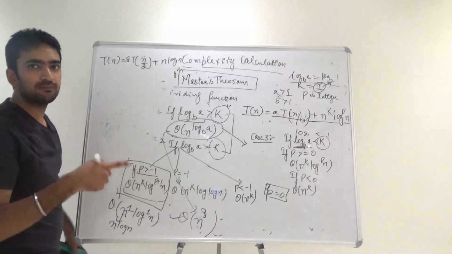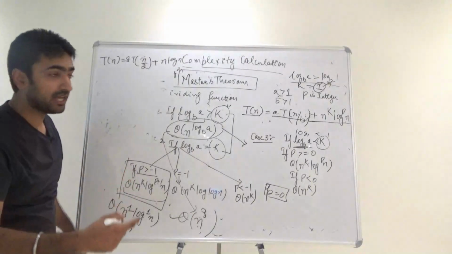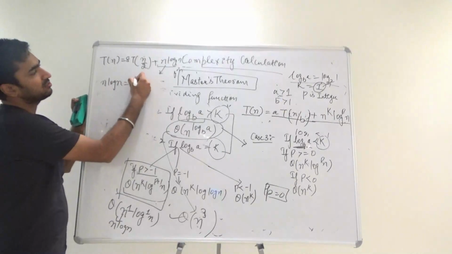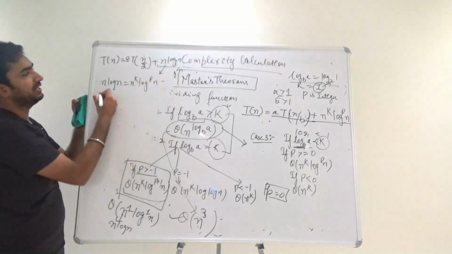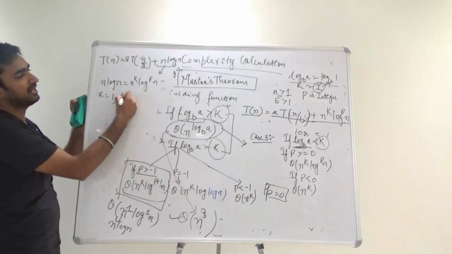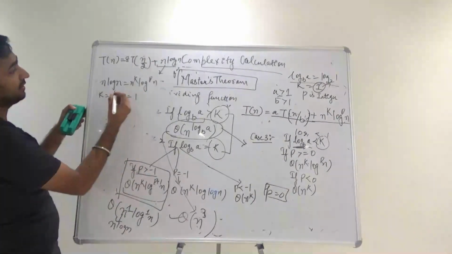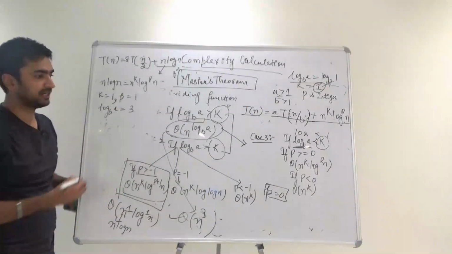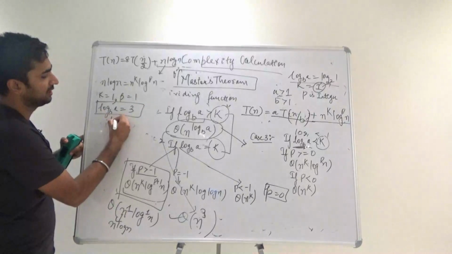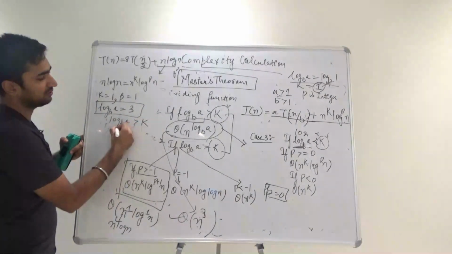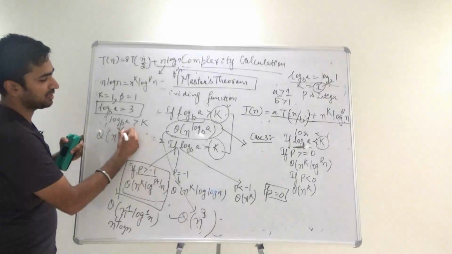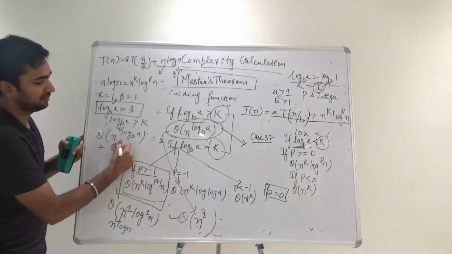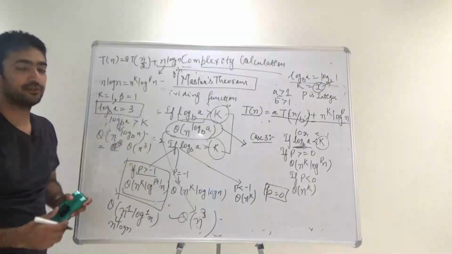It is very easy to compare n log n with n raised to power k log to the power p of n. Clearly your k value is 1, your p value is also 1, and your log base b of a is 3, which we have already calculated. Again this belongs to this particular case. Log base b of a is greater than k, so the complexity is order of n raised to power log base b of a. The answer is order of n raised to power 3.